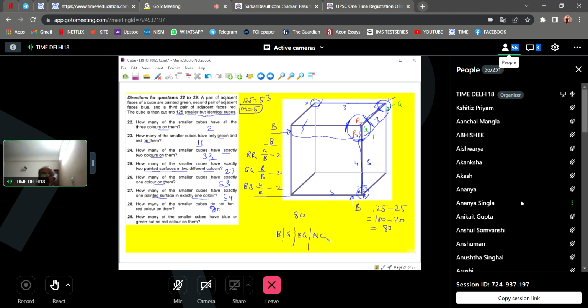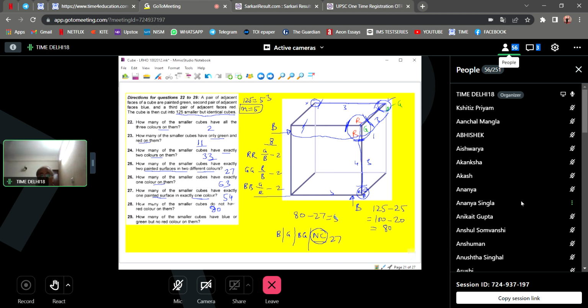What is it asking? How many of the smaller cubes have blue or green but no red color? Because we need the pieces that have blue or green. Do I need the ones that have no color? No, I don't need those. How many are these? These are 27. So minus 27.